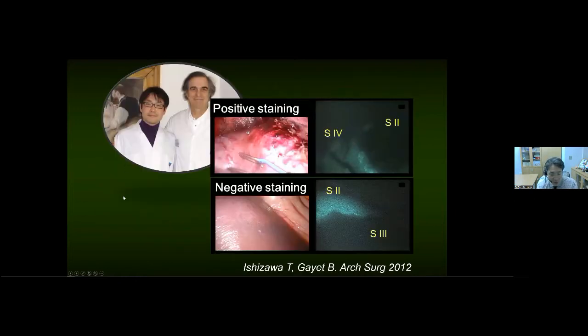And in 2011, when I stayed in Paris to learn laparoscopic HPB technique under Professor Gayet, we modified Professor Aoki's technique to be used in the setting of laparoscopic hepatectomy and published these techniques under the name of positive staining technique and negative staining technique.